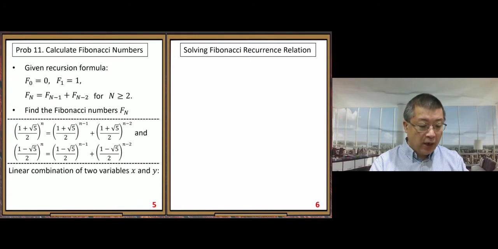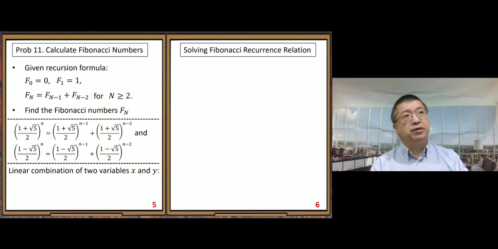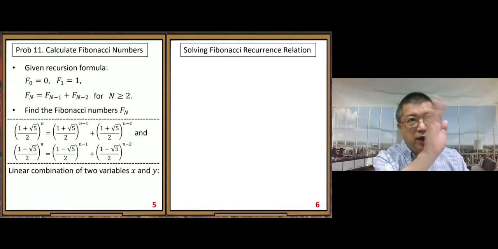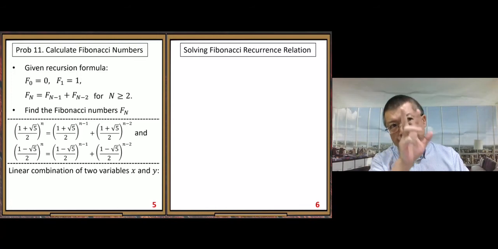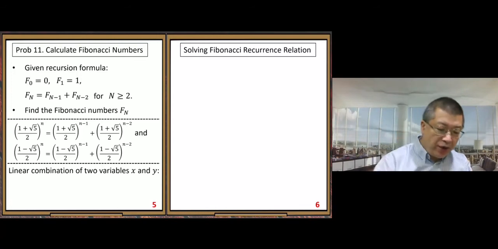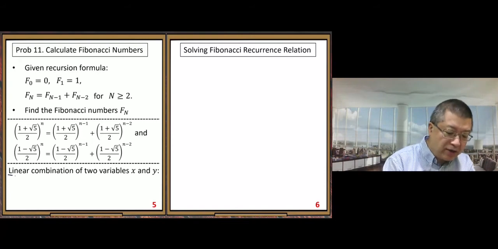Linear combination of two variables, x and y. How do we combine two variables to get a new expression? We use a linear combination.